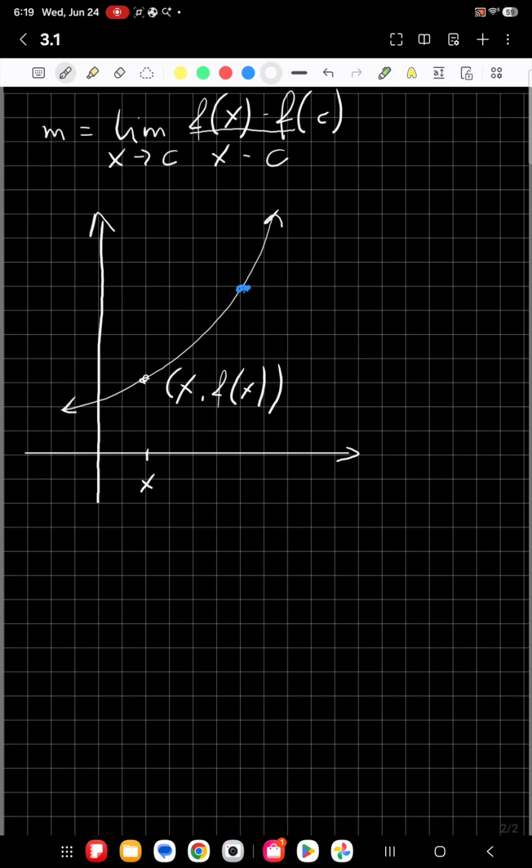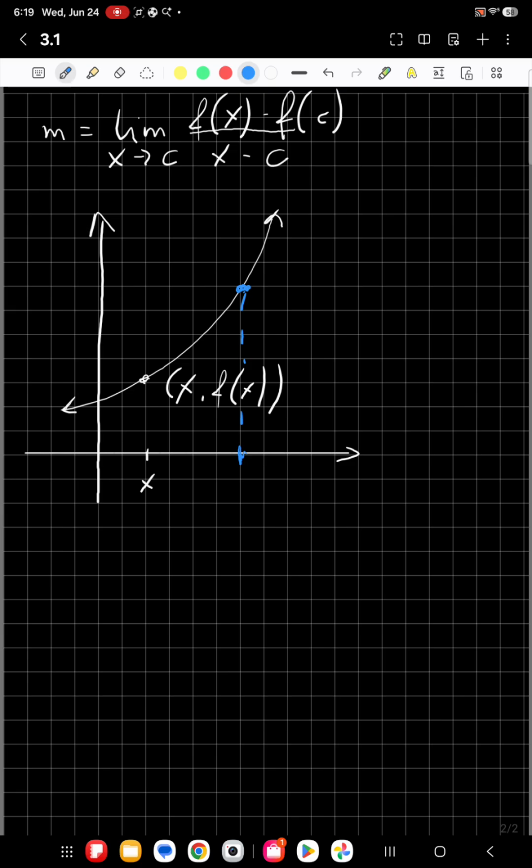Now, right, so coordinate of x coordinate of the blue point. Let me make it blue actually. Everything blue related to that point. Okay, so this coordinate is right there.